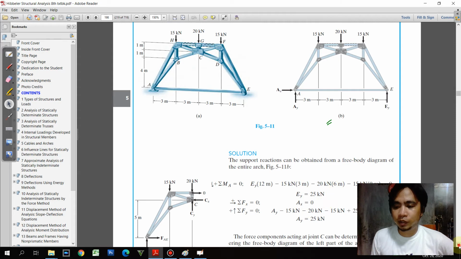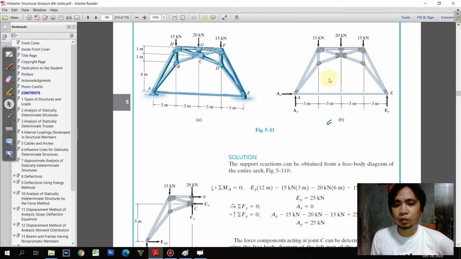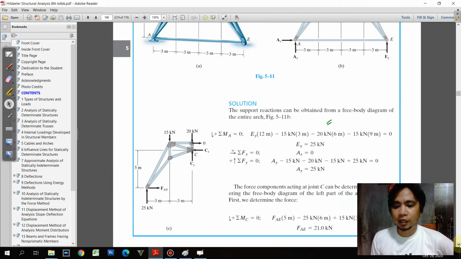And obviously we do not need to do moments here because it is just symmetrically loaded. Okay, and if it is symmetrically loaded, we'll just have to add these forces, and 15 plus 15 is 30 plus 20, that is 50. Just be shared by these two vertical reactions, AY and EY.